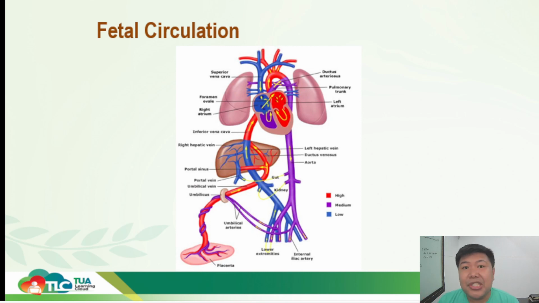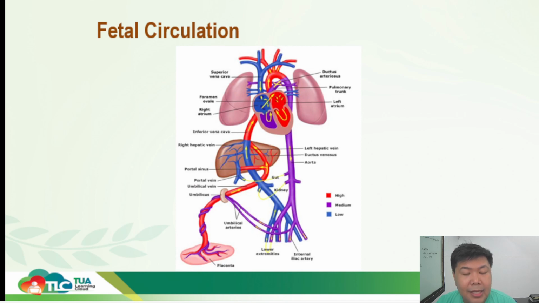Since there is no pulmonary circulation for babies, blood is transported directly to the left side of the heart via the foramen ovale. Okay?